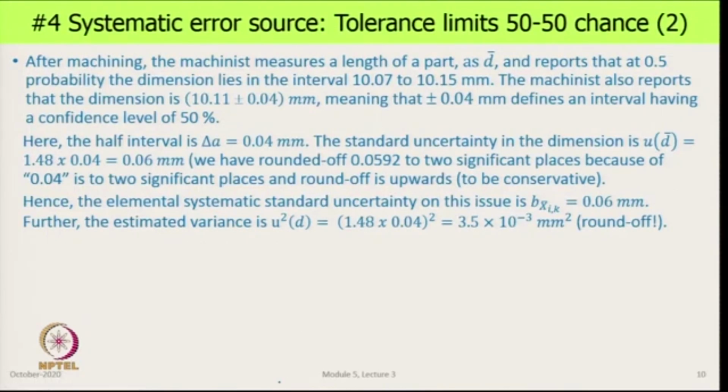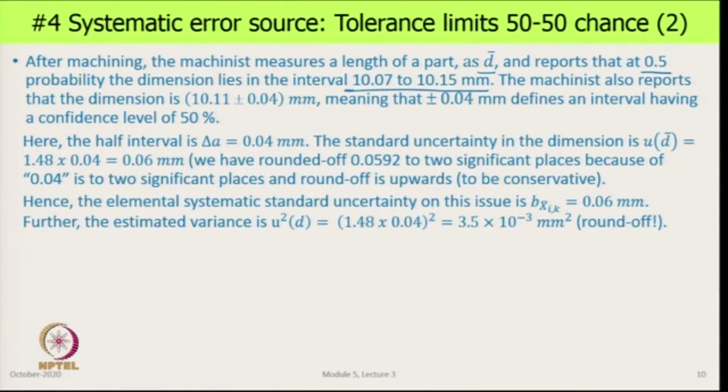So, here is the example. It says, after machining, the machinist measures the length of a part as d bar and reports that at 0.5 probability, the dimension lies in the interval of this to this.